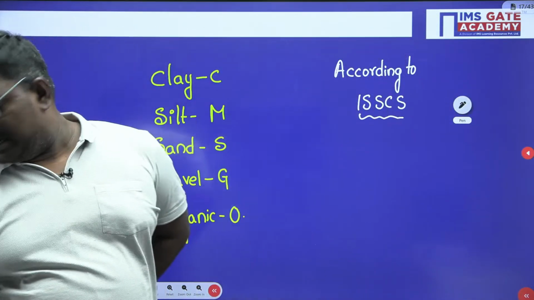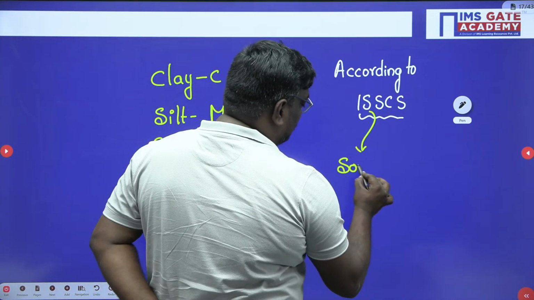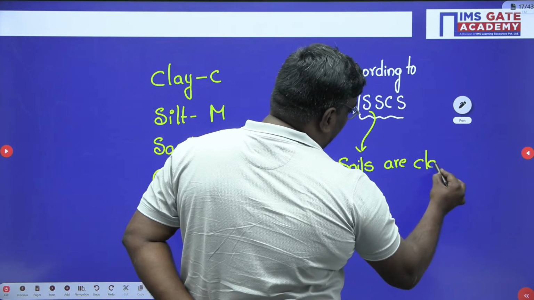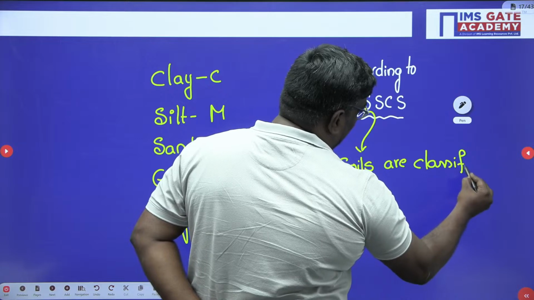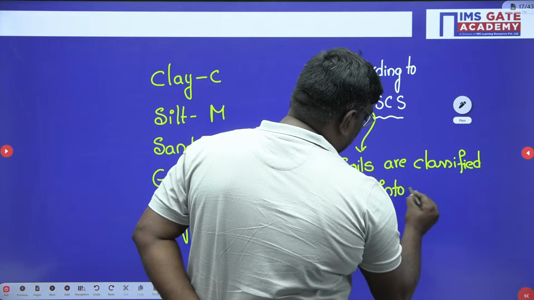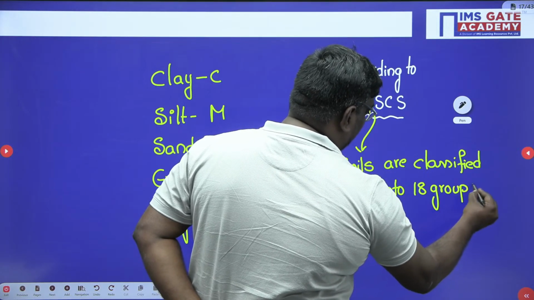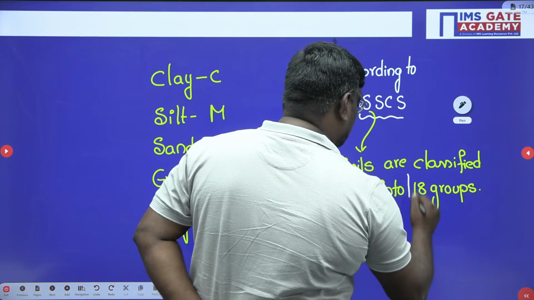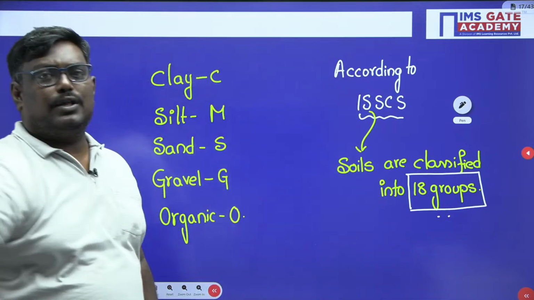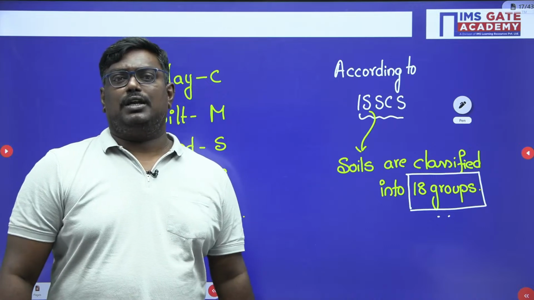Soils are classified into 18 groups, you can write here. According to the Indian Standard Soil Classification System, soils are classified into how many groups, sir? 18 groups.